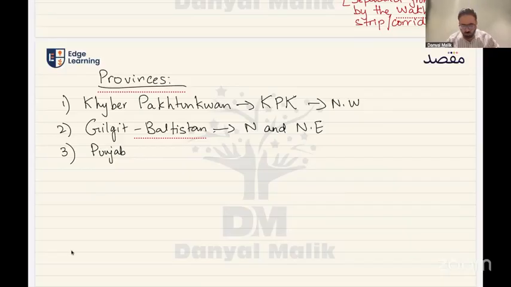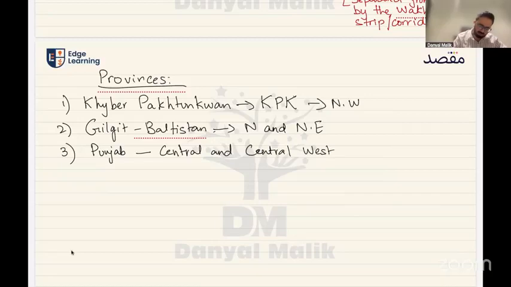Okay, so continuing, Punjab is basically central and central west. Then number four we have is Sindh. Sindh is south and southeast.